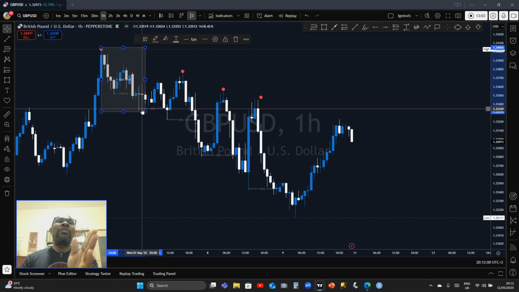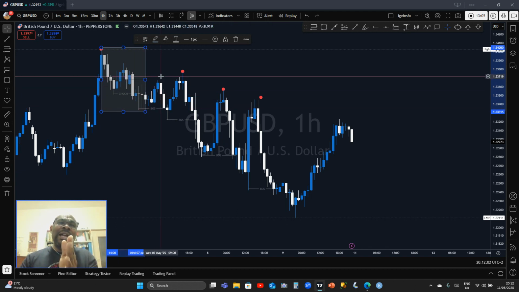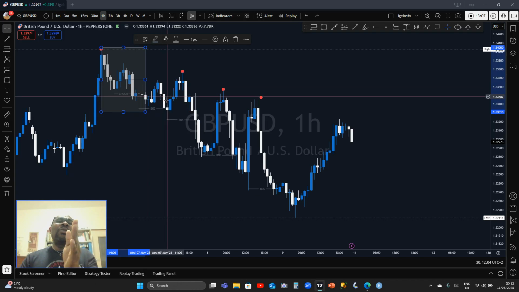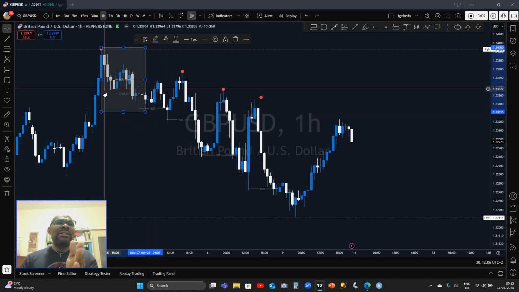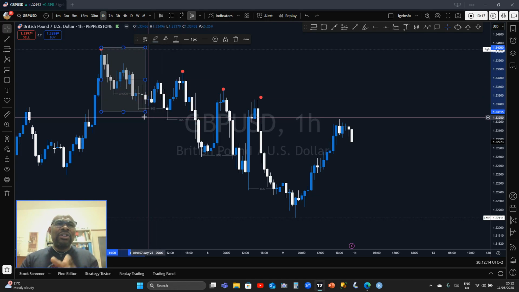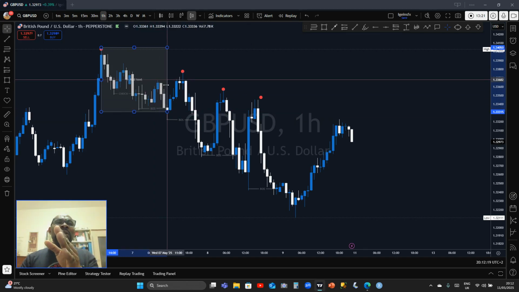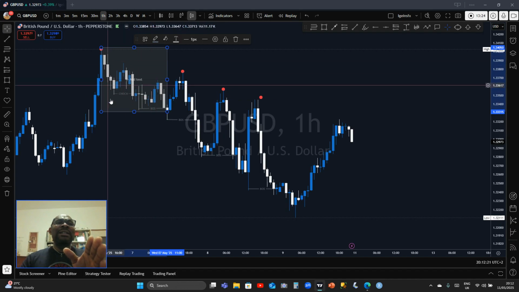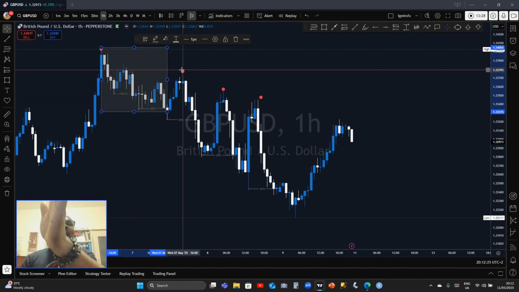Now, you wait for a pullback, all right? Wait for pullback to now break the structure. This is change of character. Now, after the second pullback, then break of structure now happens. Now, at this point, structure is established. All you need to do is wait for a pullback.